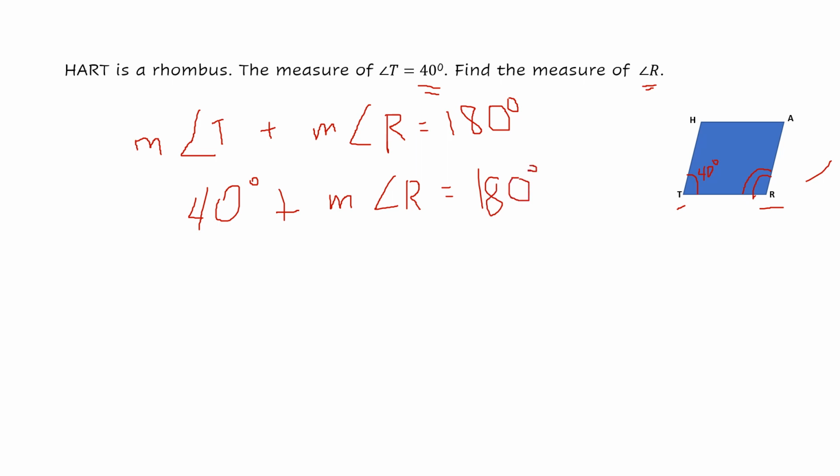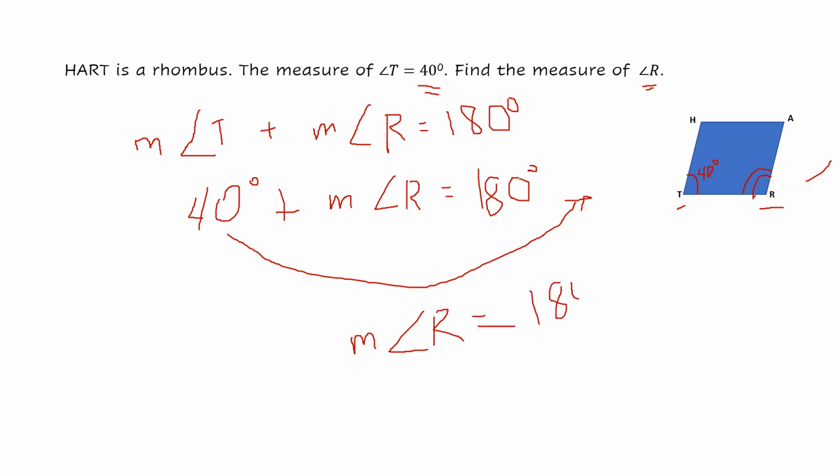Let's just transpose 40 to the other side of the equation to combine it with the term 180 degrees. So therefore, measure of angle R is 180 degrees minus 40 degrees.